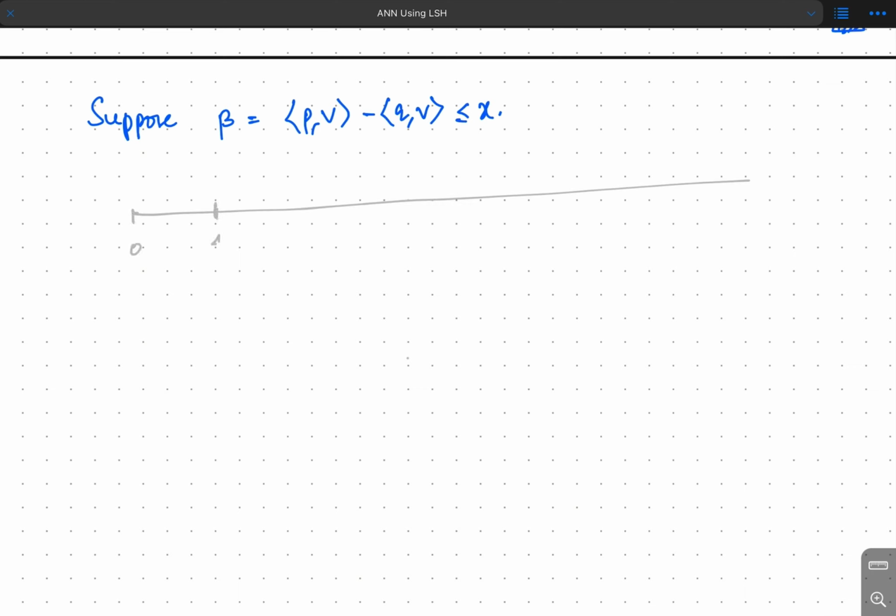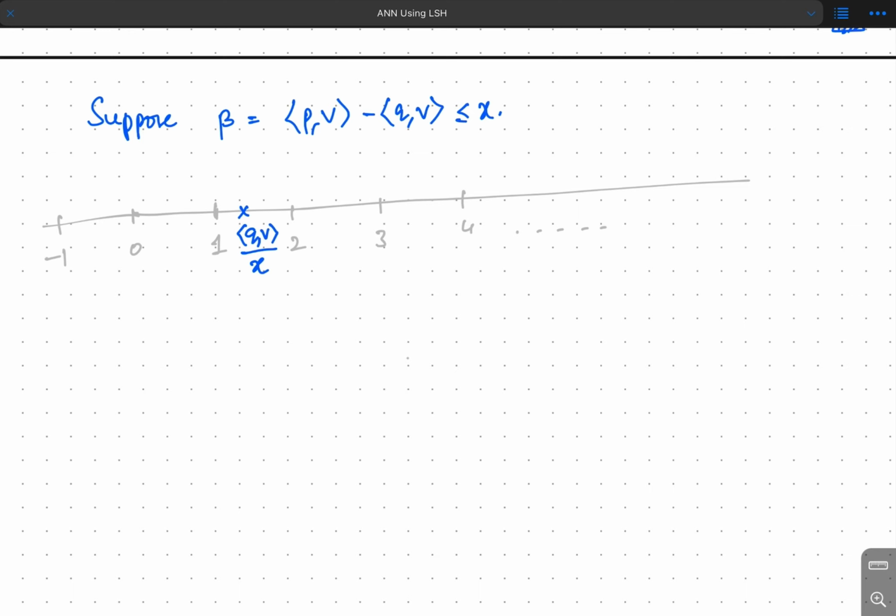Let's say 0 is here, 1 is here, 2 is here, and so on. I mean, there can be negative integers also, but let's say the dot product q comma v divided by x lies here.